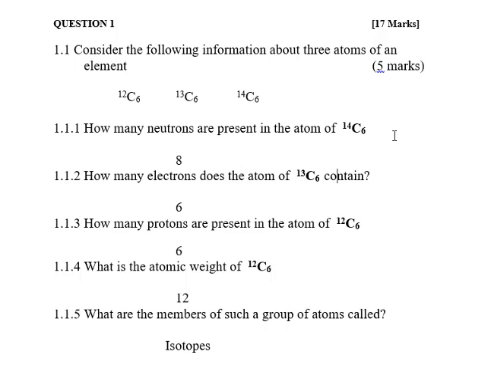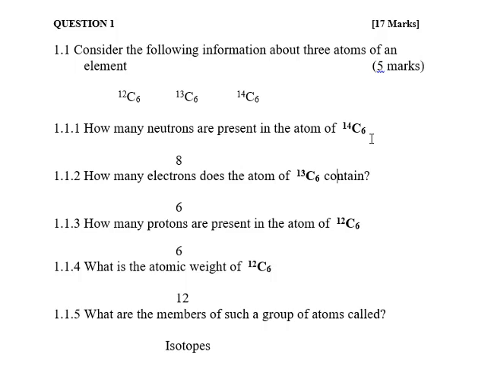And how do you find the protons? Very interesting. The number of protons is equal to the atomic number. What is the atomic number here? The atomic number is the number at the bottom, the subscript, that is 6. So if 6 is your atomic number and 14 is your atomic mass, how do you find the neutrons?